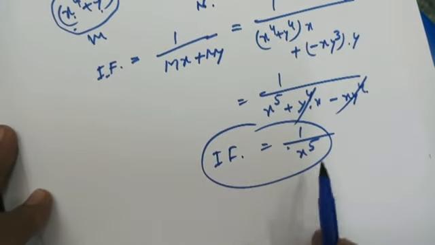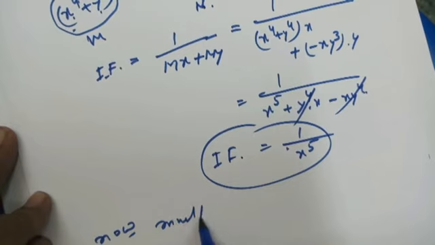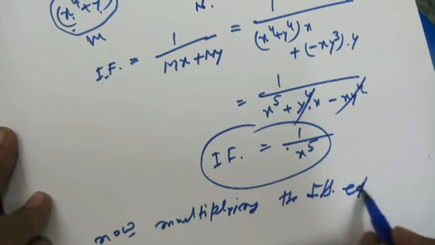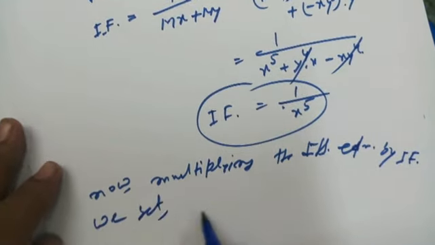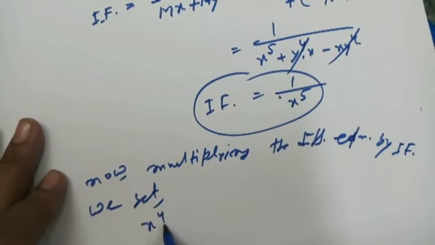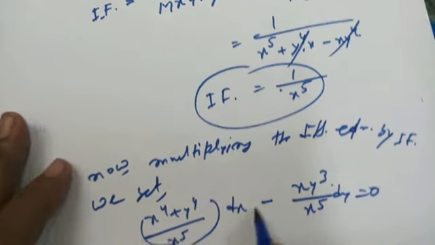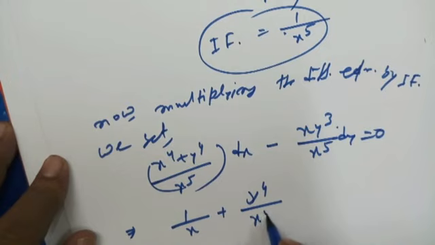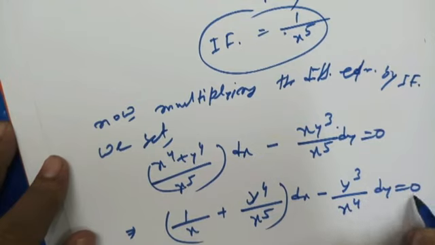Now multiplying the given differential equation by the integrating factor, we get x power 4 y power 4 upon x power 5 dx minus x y cube upon x power 5 dy equals 0. After simplification this is 1 upon x times y power 4 dx minus y cube upon x power 4 dy equals 0.